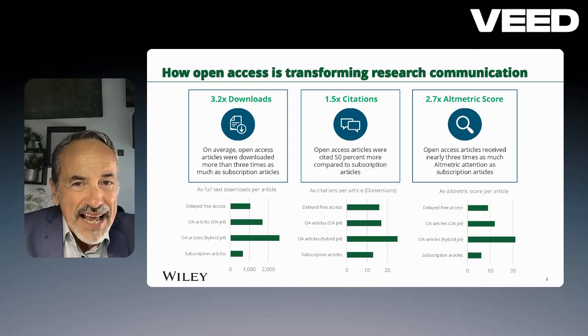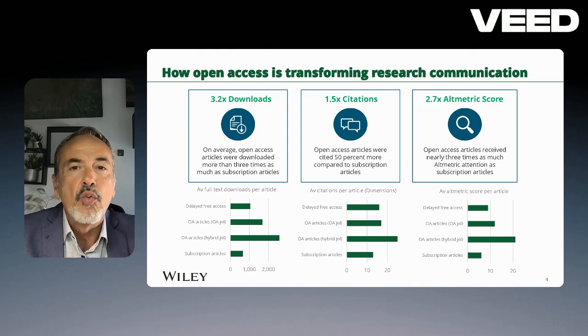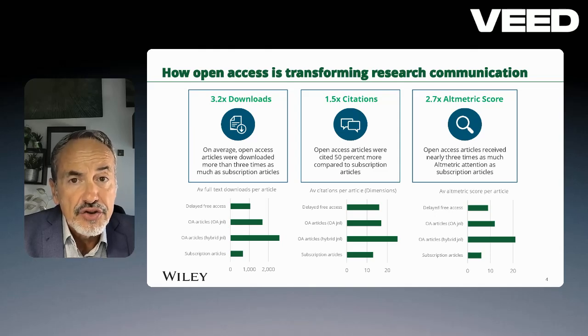Publishing articles in open access allows anyone worldwide to access, view, download, share, and use your work free of charge. As shown in this slide, open access articles enjoy greater visibility and impact with higher downloads, more citations, and higher Altmetric attention scores compared to those publications that are published in subscription-only mode.